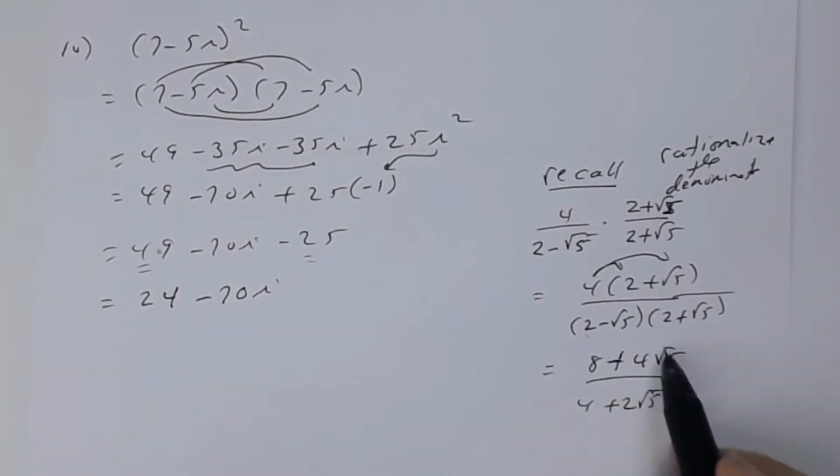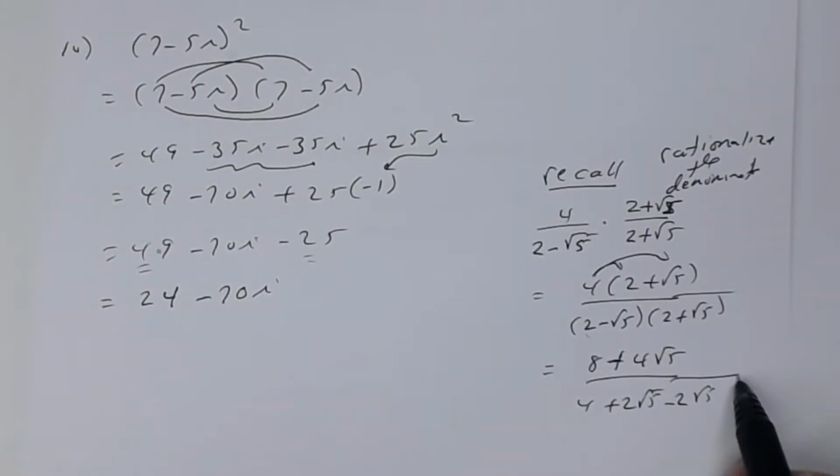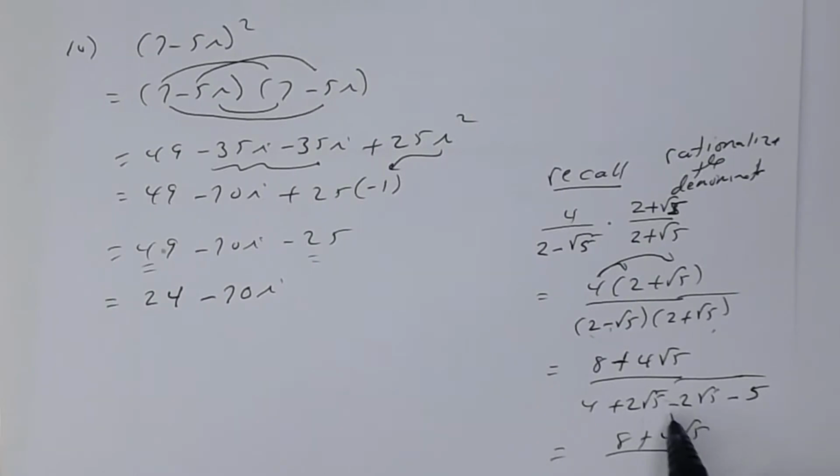The inner is a negative 2 square root of 5. So those are going to cancel out. When you add them up, you get 0. And then a negative square root of 5 times a positive square root of 5 is just a negative 5. All right, and so I get in the numerator 8 plus 4 square root of 5 divided by, this is 0 right here, but 4 minus 5 is a negative 1.